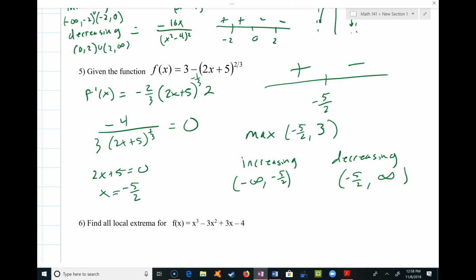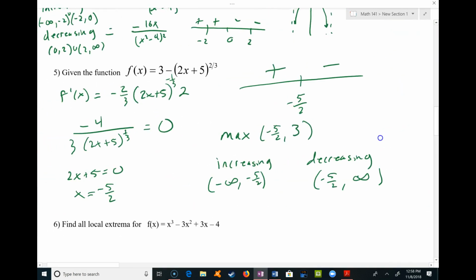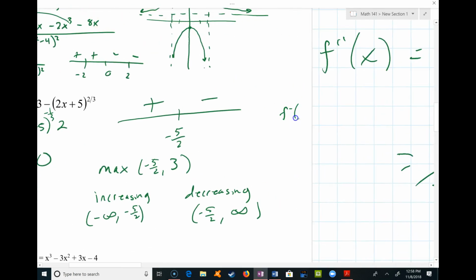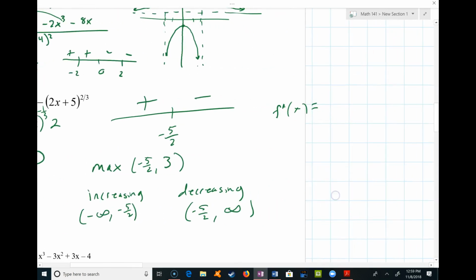Now this didn't ask me to find a second derivative, but I'm going to go ahead and do this one, because it's kind of interesting. The second derivative of that, so let's see, the first derivative was negative 4 over 3 times (2x plus 5) to the 1/3 power.